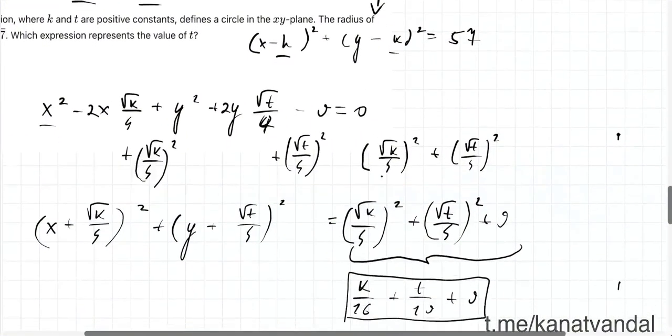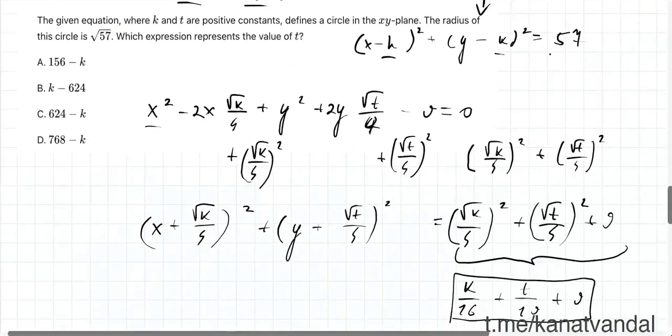This way, we can return to our previous result. We have written that the right side of the equation in standard form is equal to 57, the square of the radius. That's from one hand, but from the other hand, it's our result k over 16 plus t over 16 plus 9.